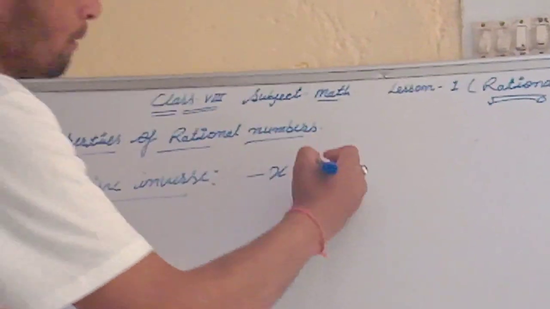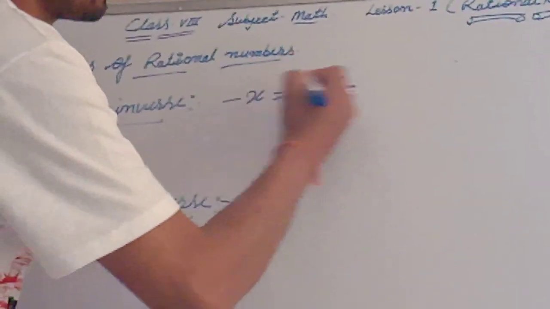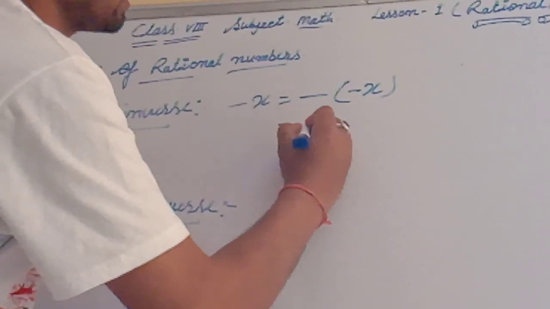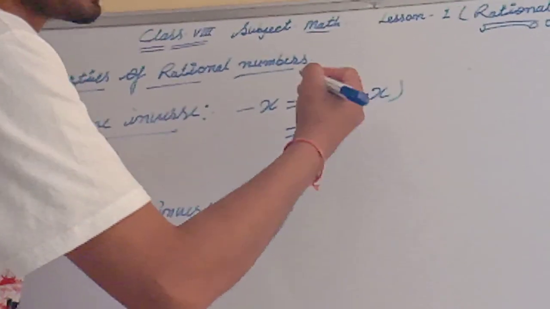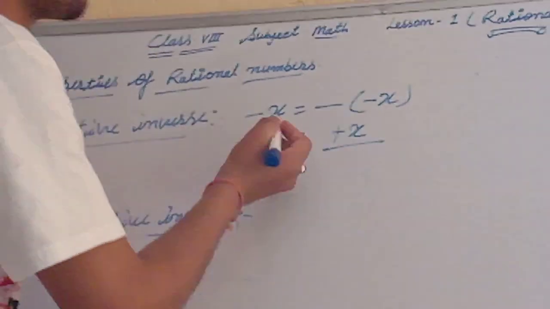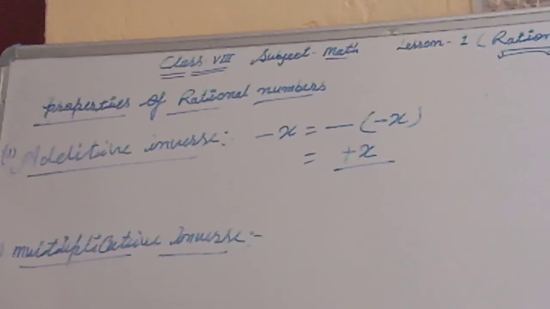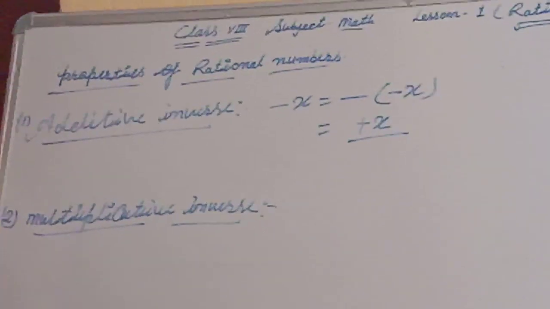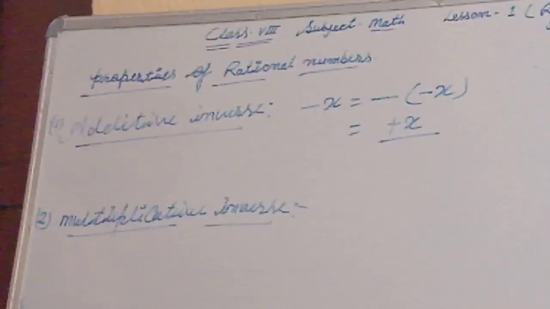There is a minus already, so minus minus becomes plus, because multiplying gives plus x. That means the additive inverse is just the opposite, minus to plus.